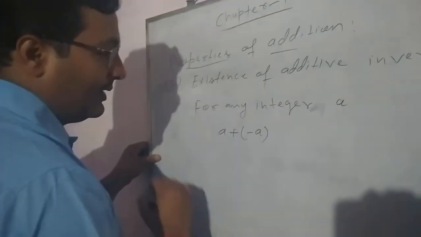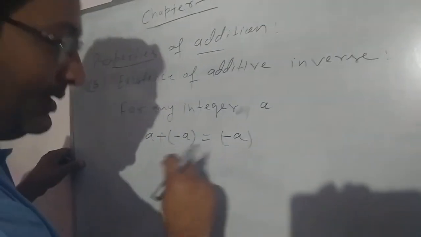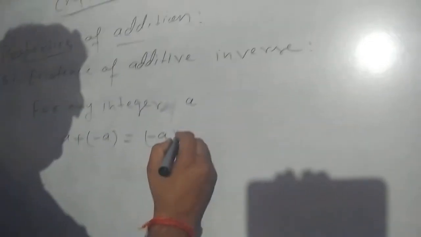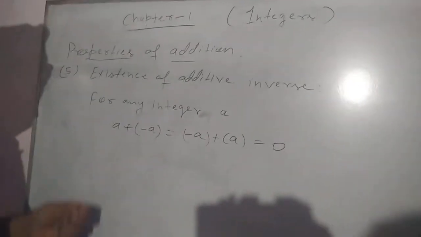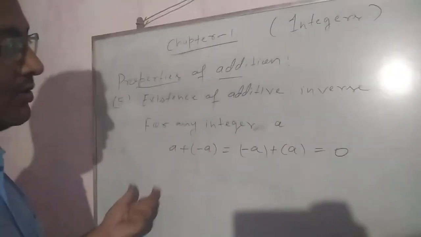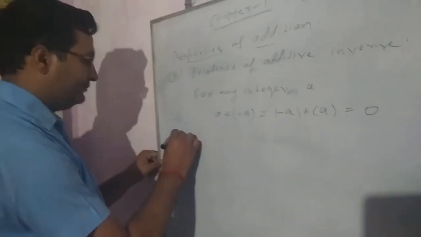Minus A. Okay, minus A. And what is the inverse or opposite of minus A? That means A. The sum is 0. That means when you add any number with its opposite sign, the result will always be 0.